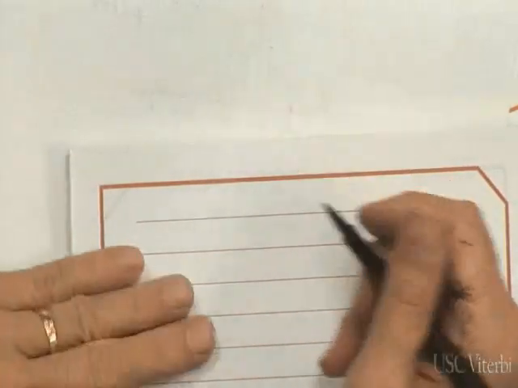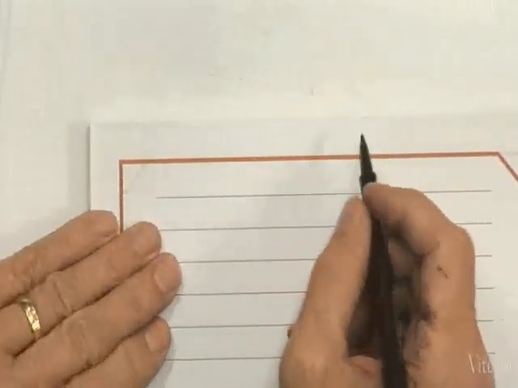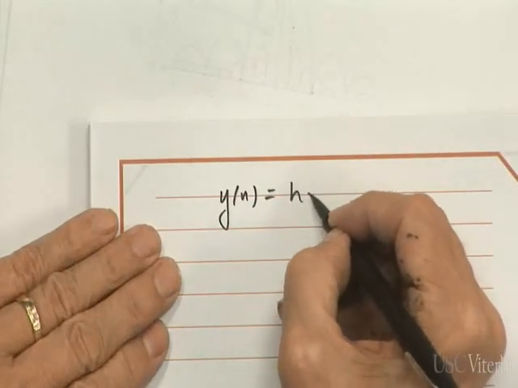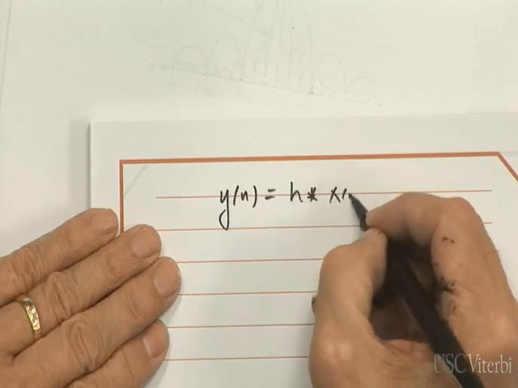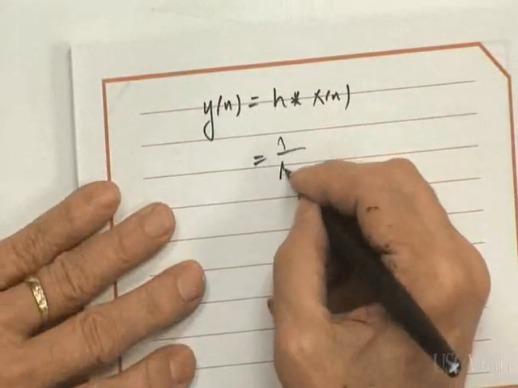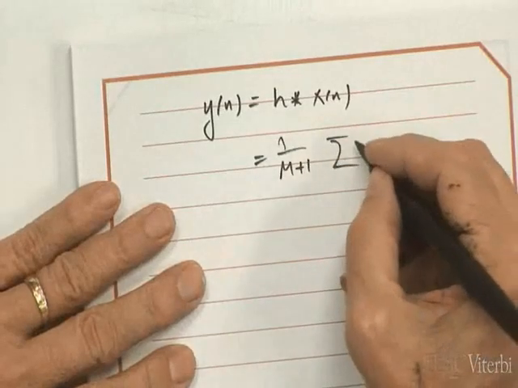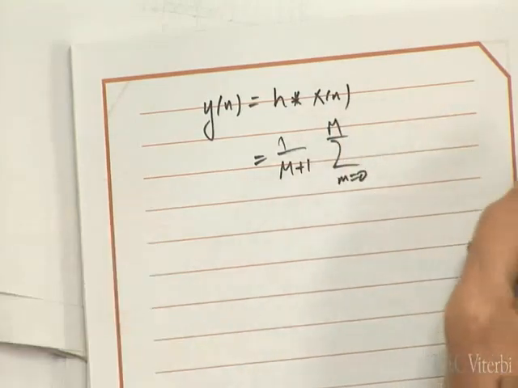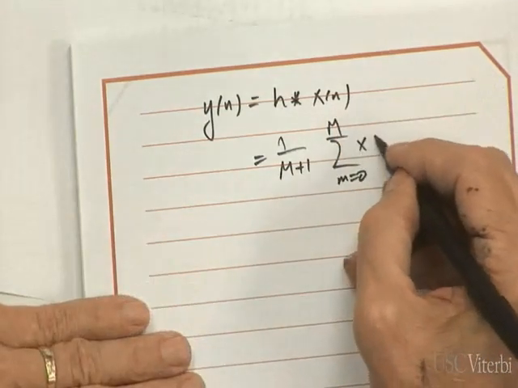So we see that this filter, y of n, is equal to h convolved with x of n, which is equal to 1 over M plus 1 times the summation over m equals 0 to M of x of n minus m.